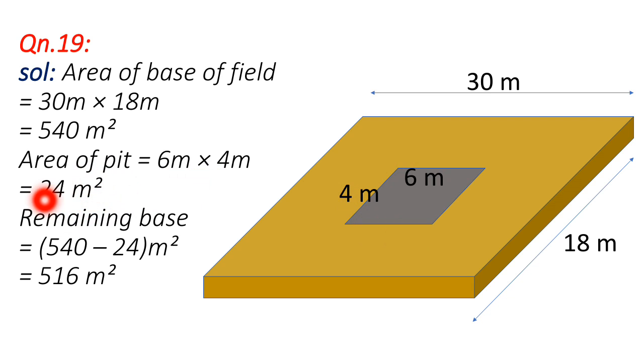This 24 meter square is to be subtracted from the total area of the field, so that we can get the remaining area of the field. So the remaining area of the field is 540 minus 24, that is 516 meter square, after digging the pit.